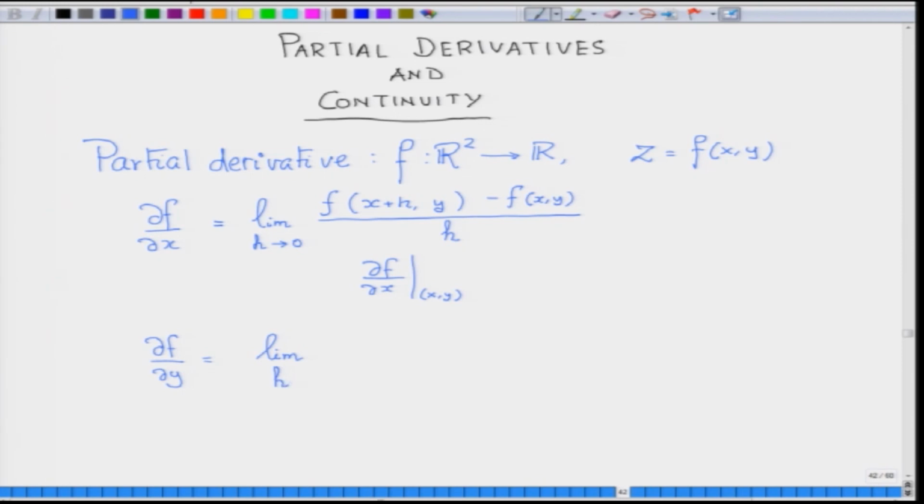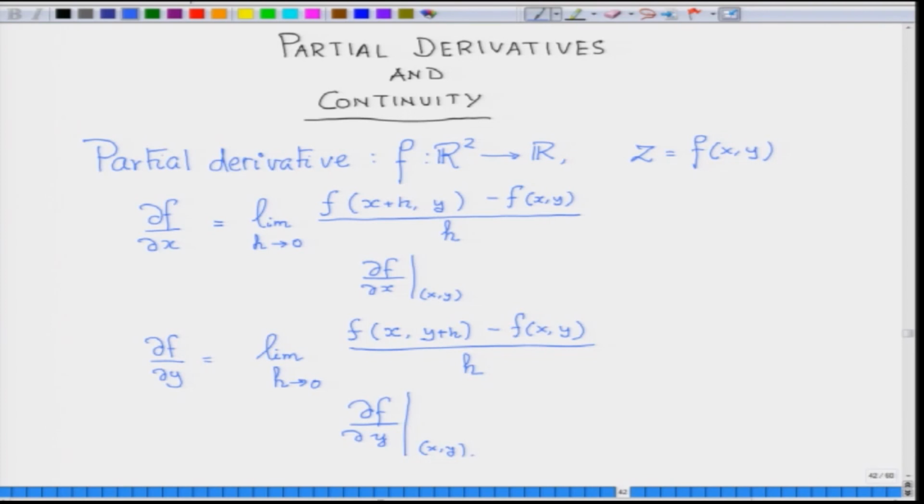The limit as h tends to 0 of f of x, now fixed, y plus h, minus f of x y, divided by h, and often we will write this as del f del y evaluated at the point x y. So, this is the way I would like to express it.